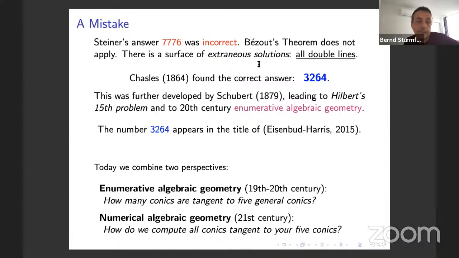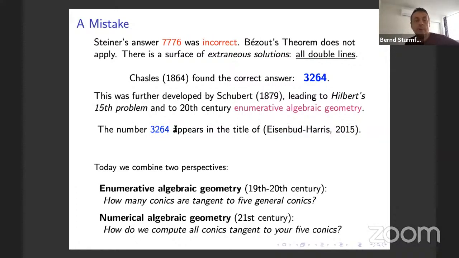This led to Hilbert's 15th problem in the year 1900. And in the 20th century, this led to enumerative algebraic geometry and intersection theory. So this error that Steiner made and the correction that was given by Chasles had a very important role in the history of algebraic geometry. There's also a book on intersection theory by Eisenbud and Harris from a few years ago that has this number prominently in the title.